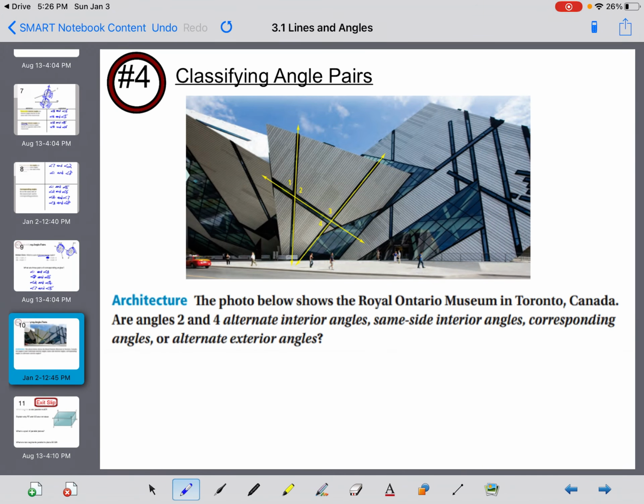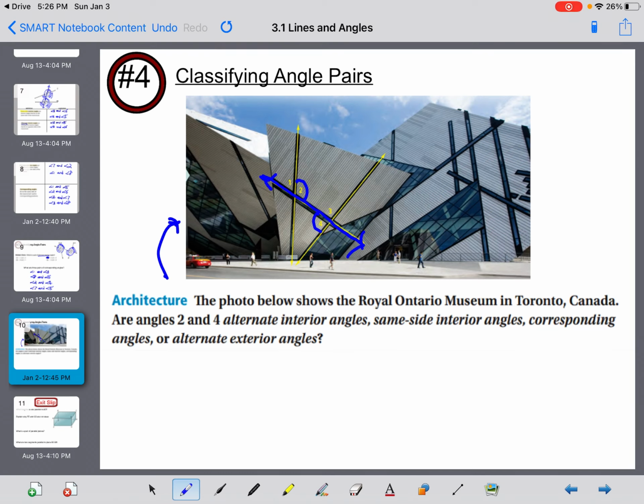Okay, classifying angle pairs. The photo above shows the Royal Ontario Museum in Toronto, Canada. Are angle 2 and angle 4 alternate interior angles, same side interior angles, corresponding angles, or alternate exterior angles? Well, here's angle 2, here's angle 4, and here's my transversal.